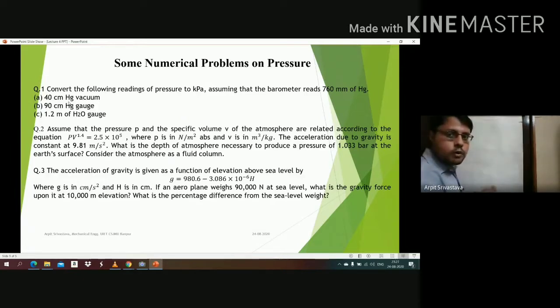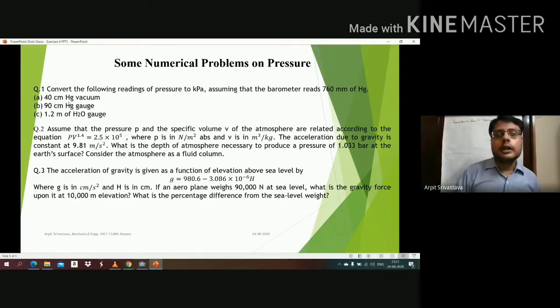In the problem, P barometer, that means P atmospheric, is equal to 760 mm of Hg, and we have to convert all pressure readings into kilopascal.